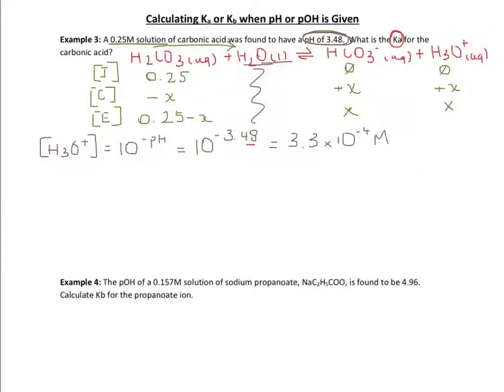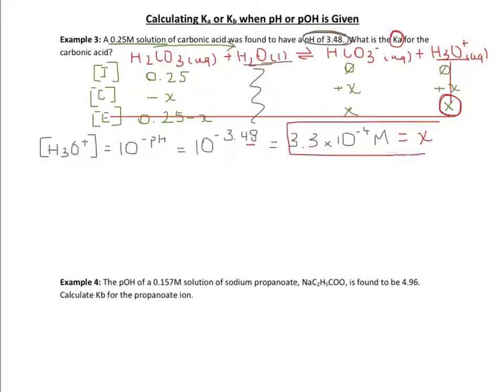So we go back to our ice table and we ask ourselves, well, what did we say was the equilibrium concentration of the hydronium ion? Notice we find the hydronium ion, we find the equilibrium line, and we said that this was equal to X. So we have now found the value of X. From there we can find the other equilibrium concentrations.